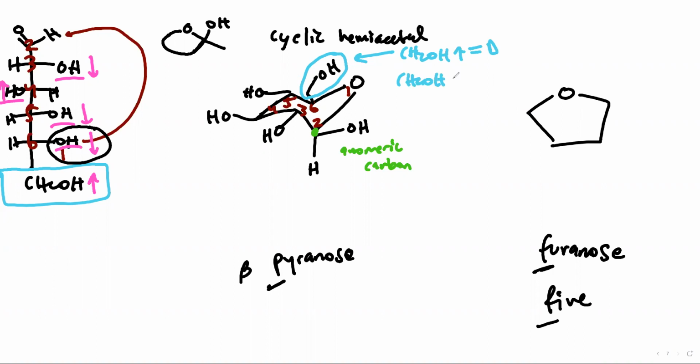If it is down, it is an L sugar. So if you have a CH2OH coming off of that last carbon on the ring, that is going to tell you immediately whether it's D or L. That's the first trick of the night, how you can tell those very quickly. Cool. And with that, that is our beta glucopyranose. Okay, glucose in its 6-membered form. A very quick and easy way to do that.